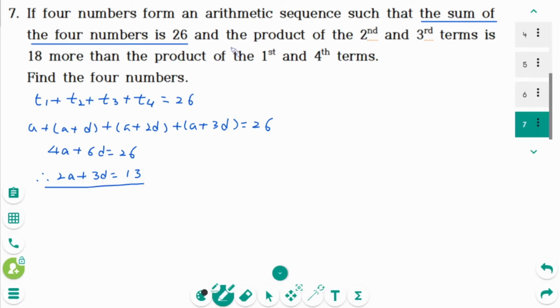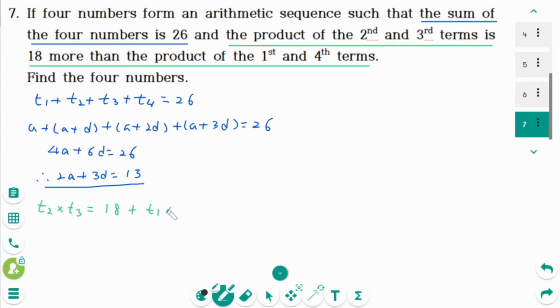The product of the second and third term is 18 more than term 1 times term 4. A plus D times A plus 2D equals 18 plus T1, which is A, times T4, which is A plus 3D.